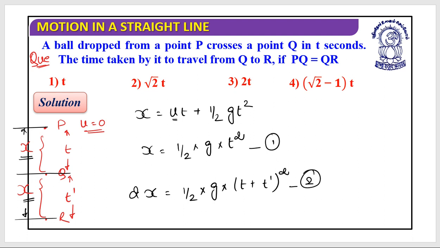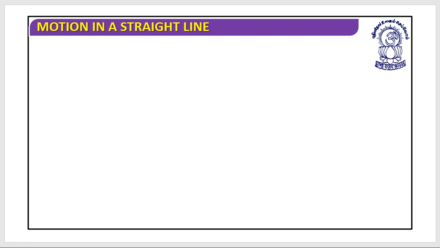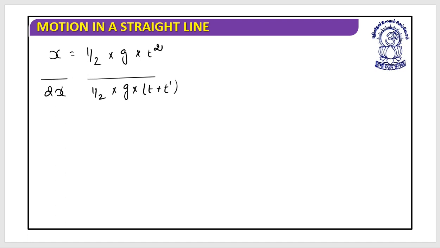So I have two relations, for x and 2x. Now what can I do? Let's take a ratio of these. x is equal to half g t square, and 2x is equal to half g (t plus t dash) whole square. So 1 by 2 g cancels out, and (t plus t dash) whole square is equal to 2t square.